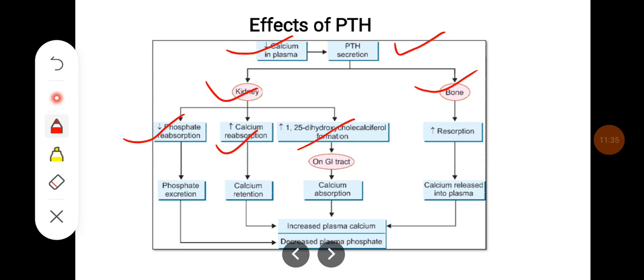This is going to act on the GI tract to increase calcium absorption, so that ultimately leads to an increase in the plasma calcium and decrease in the plasma phosphate levels. Whereas over the bone, it increases the reabsorption and calcium is released into the plasma to increase the plasma calcium levels.